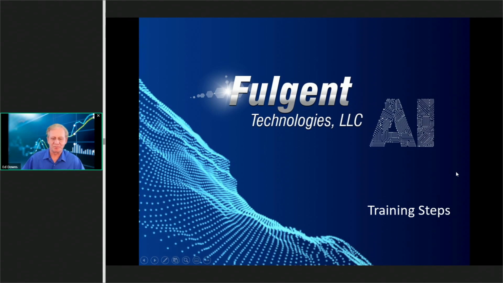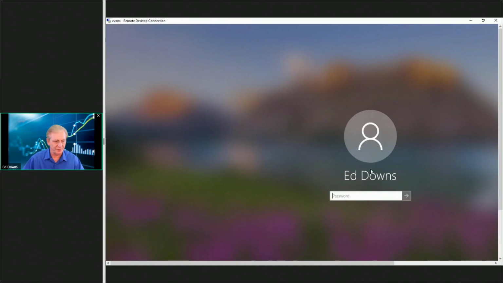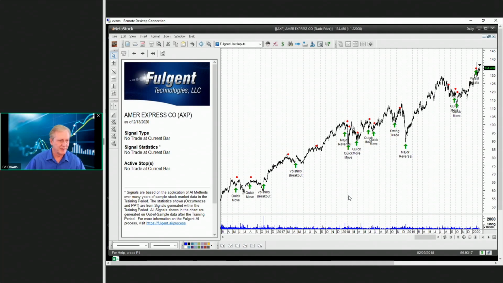Okay, let's look at the steps you use to train. Before we do, let me go over to MetaStock after I unlock my machine real quick. There it is, and this is the basic Fulgent AI as it comes out of the box. This isn't a general sales webinar. This is nuts and bolts. Normally I go through lots of charts, but you can see that these signals where they're firing are really good, about 75% accurate.